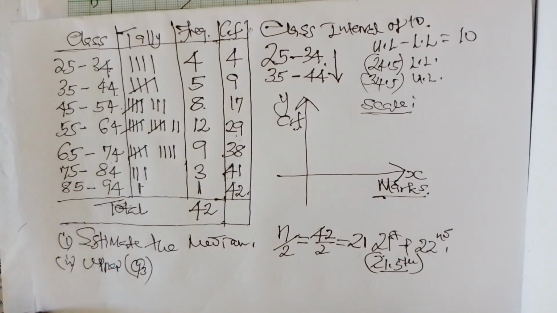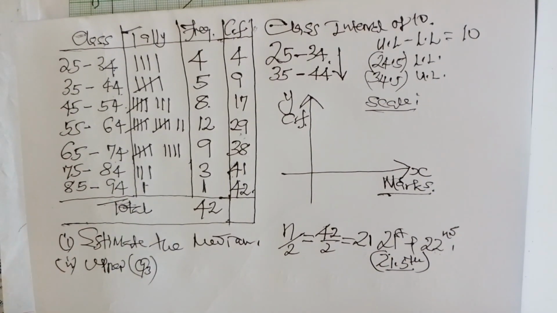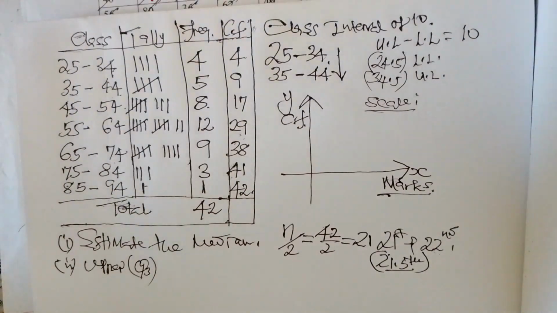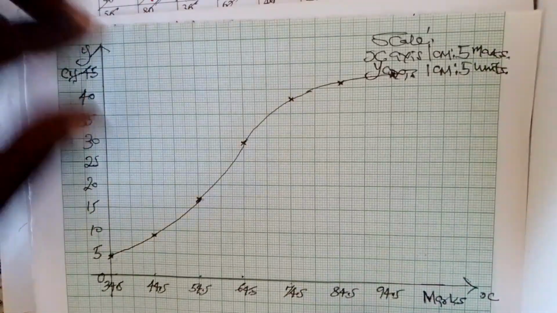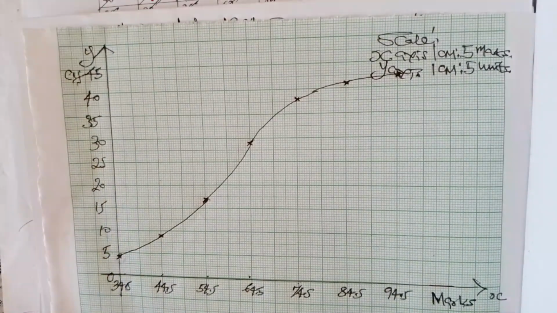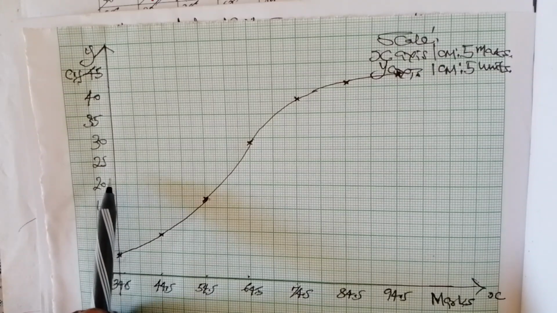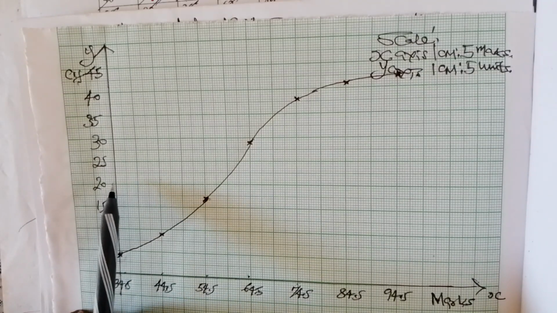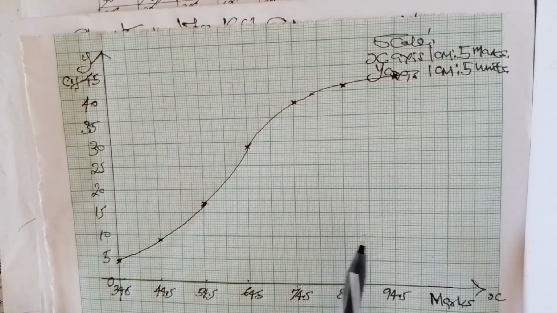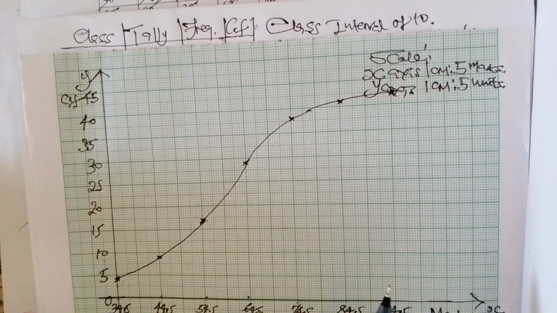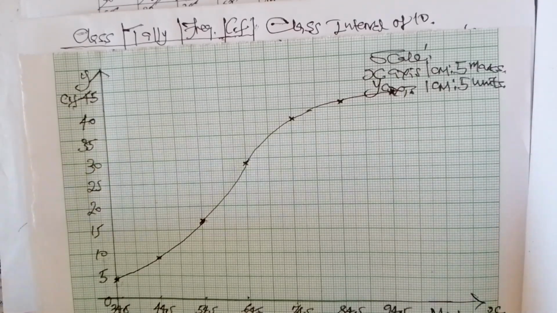So when we go back to our ogive, we need to get the position where 21.5 lies. Every 2 squares will represent 1 unit. So 21.5 will lie at the third small square.